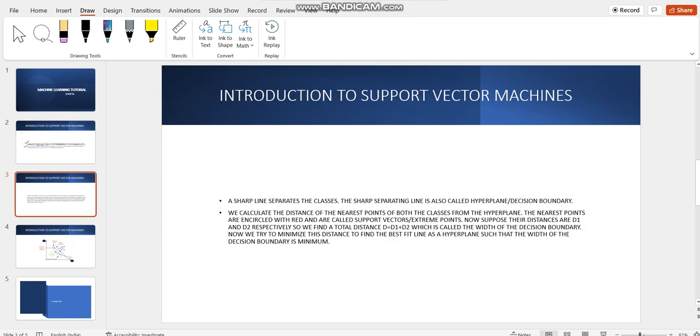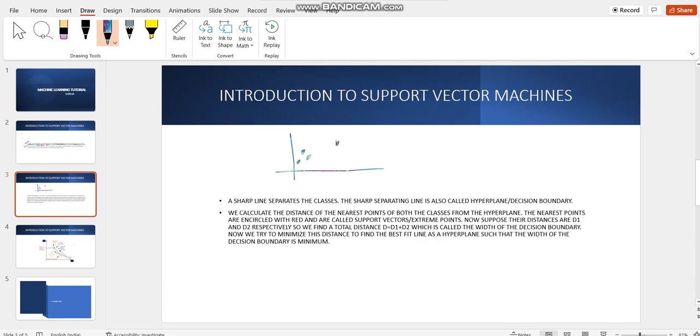A sharp line separates the classes. Suppose we have this x and y axis, and these are the clusters that we have.